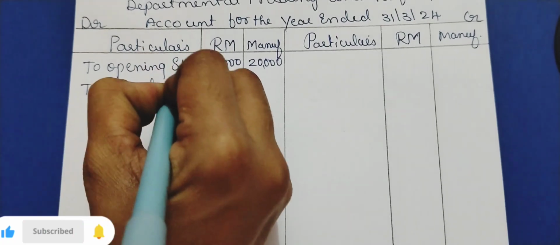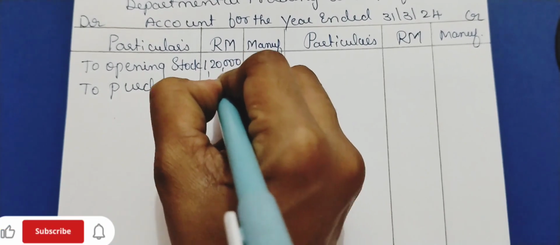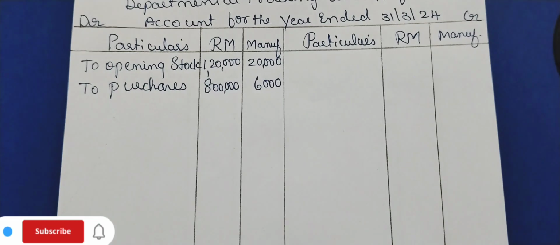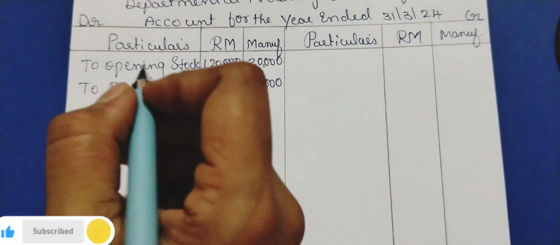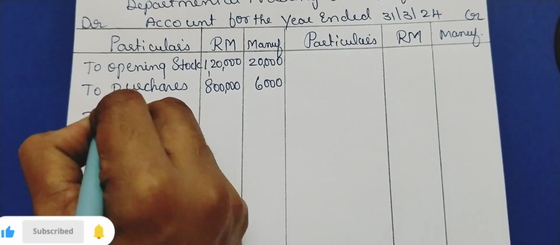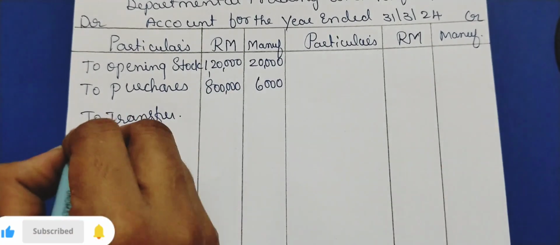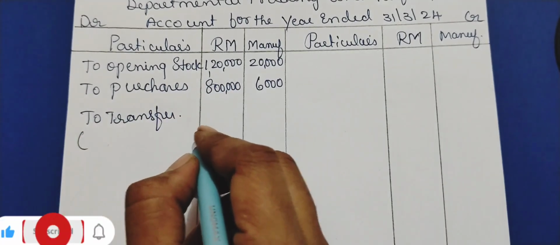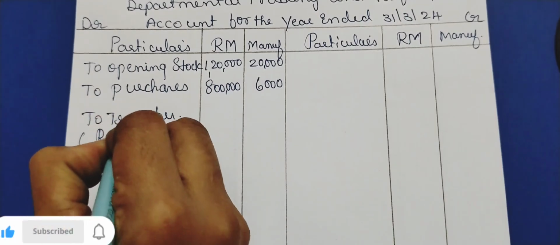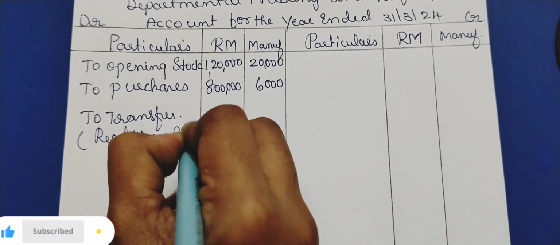Then after stock verifying, the remaining stock we come to know, then we will do purchase, right? Purchases is 8 lakh and 6,000. Then here we have a transfer. Interdepartmental transfer. The transfer is here for manufacturing department, it's a purchase received from raw material department.